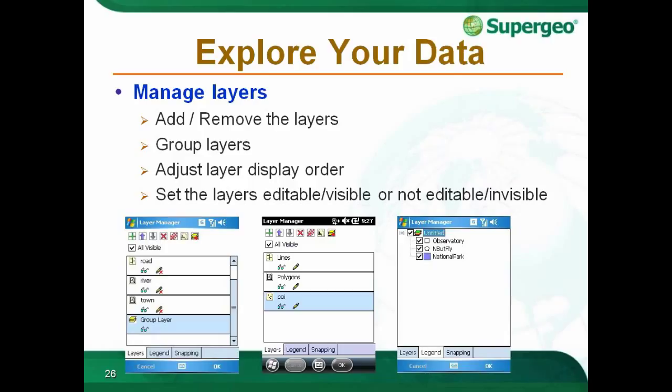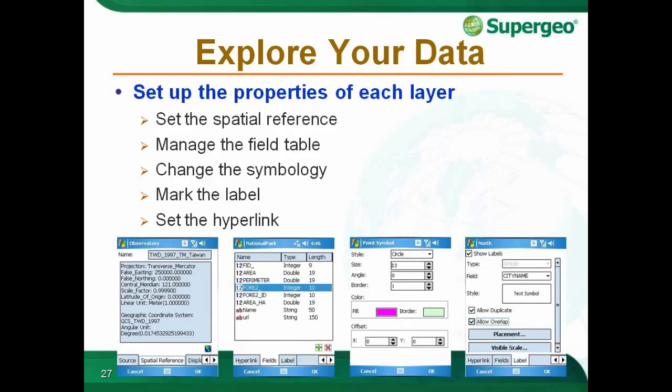You can preview the legend of each layer. And you can set the snapping tolerance in the Snap tab. Layer properties cover much more contents, including layer source, fields, spatial reference, symbol, hyperlink, and so on.